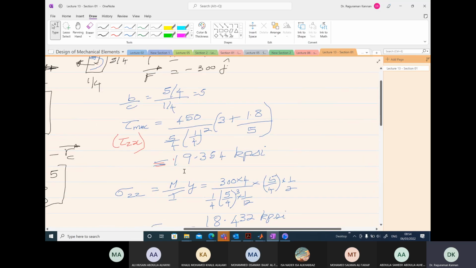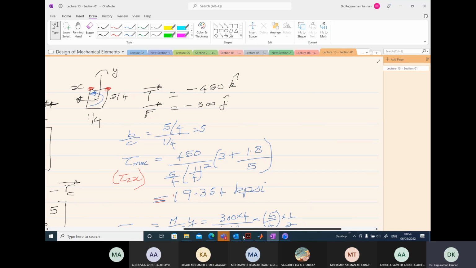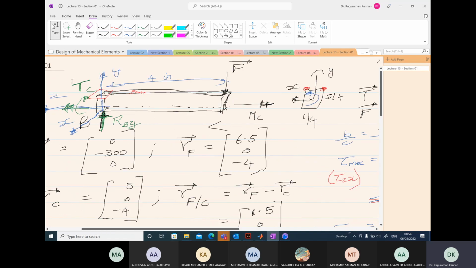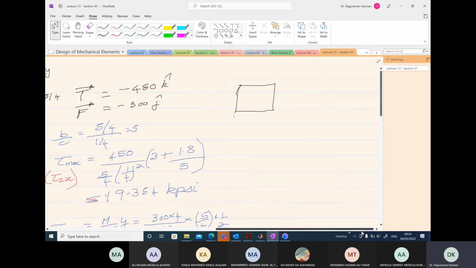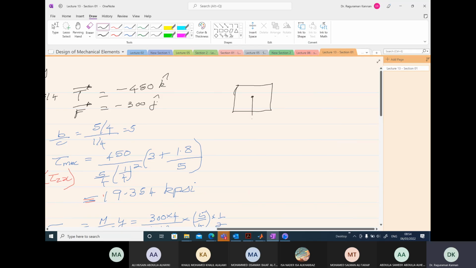We have ZX here, ZZ, so it will be on the XZ plane. So if I draw the stress element here, the x-axis is going down, and Z is on the left-hand side.